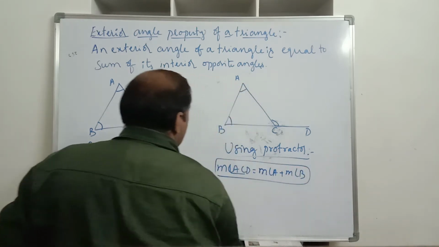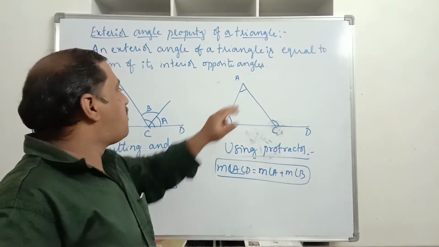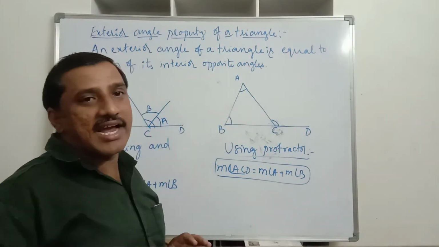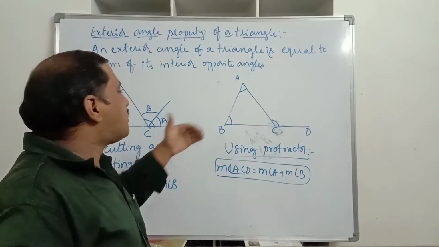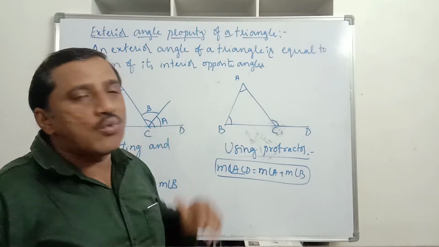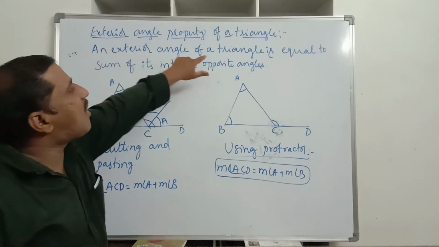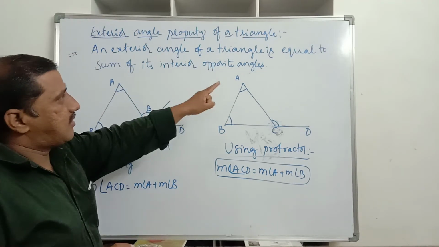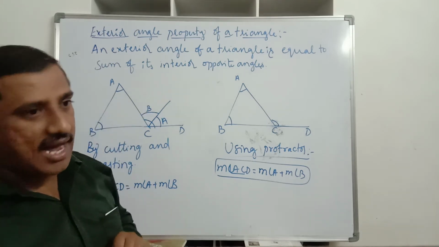So by using a protractor, the measure of angle ACD is equal to the measure of angle A plus the measure of angle B. If you measure them individually and add them up, that sum is equal to exterior angle ACD. So from these two, what can we conclude? An exterior angle of a triangle is equal to the sum of its interior opposite angles.